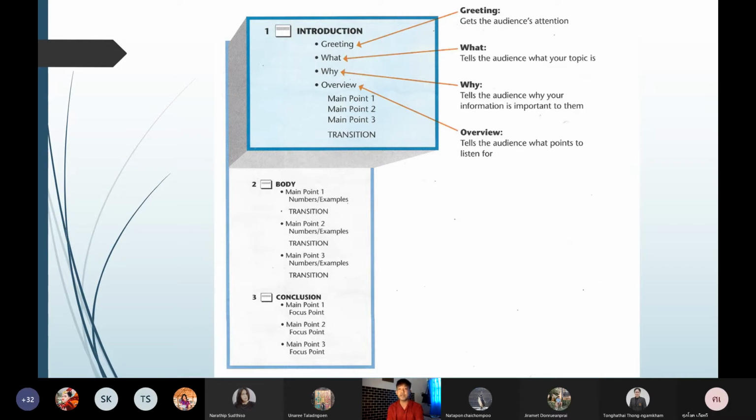These are the parts of the introduction. Okay, so how or what to speak within these four parts of the introduction. Now I'm going to show you some phrases or sentences for you to master the introduction of your presentation. So let's move on to the next slide.